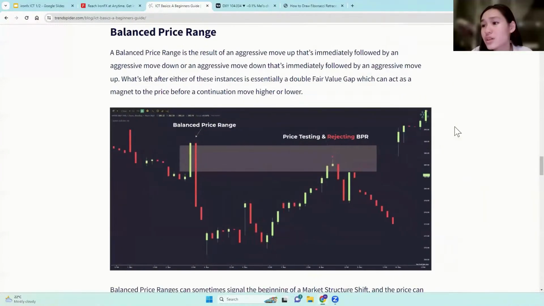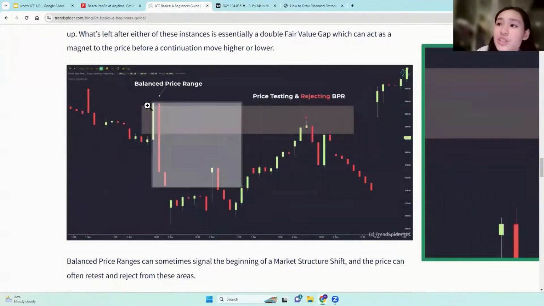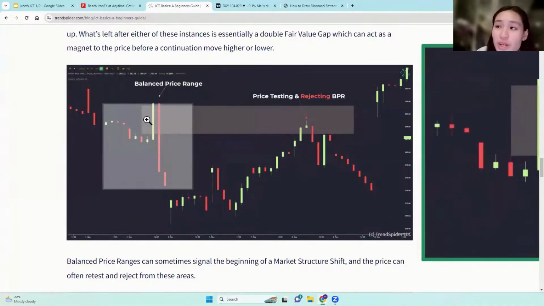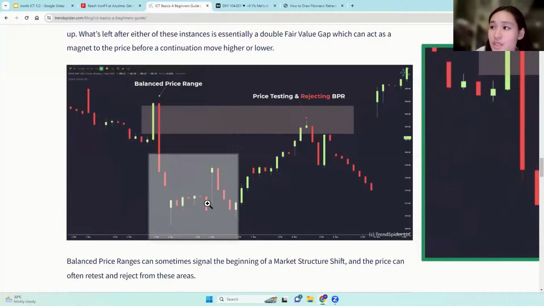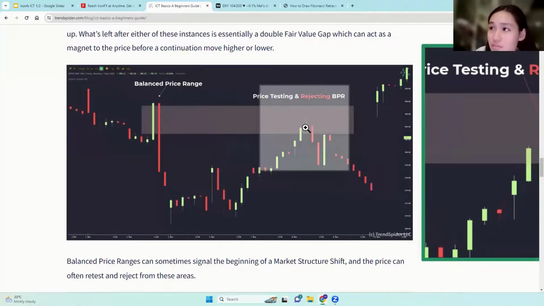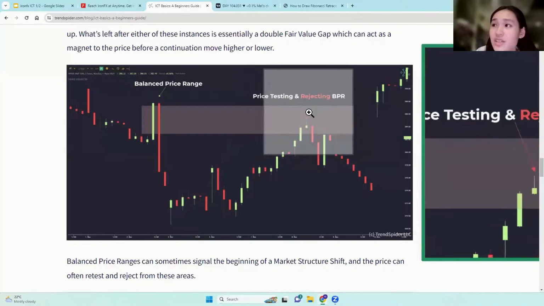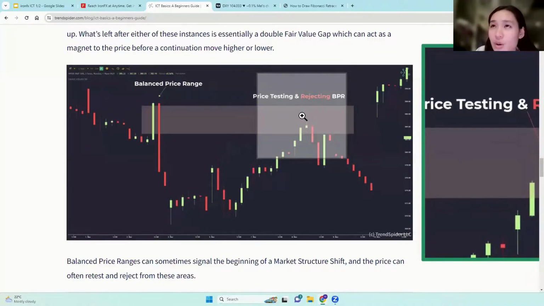Basically, this is what we are looking at. We have a balanced price range up here, which is essentially where price rebounds off a resistance level, drops, and then tests that level again. Here it says price testing and rejecting your BPR. If you were here for our support and resistance levels, we were just talking about a double swing high.